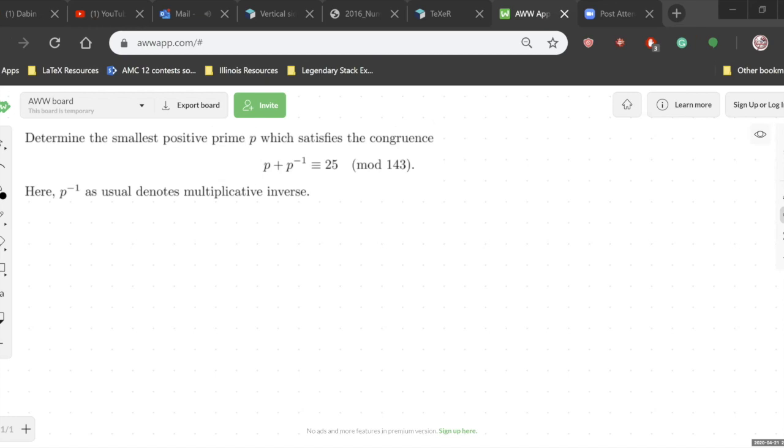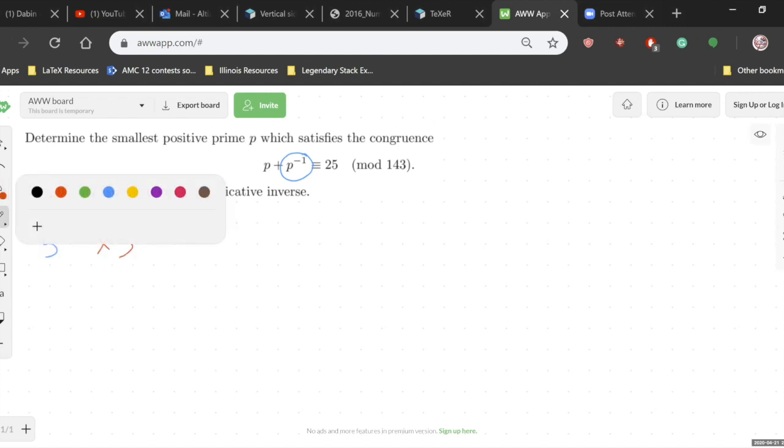So this p inverse is multiplicative inverse, right? For example, 5 inverse is the number which, when you multiply it by 5, you get 1. You mean 1, but we talk congruence, 1 in general? Right, yeah. So this is what 1/5 means in Q, in the rationals, in the normal arithmetic.